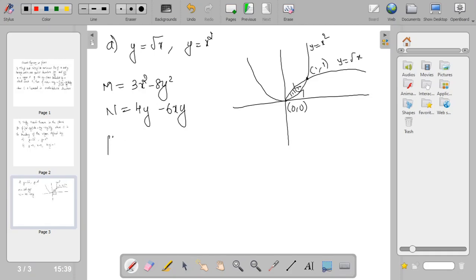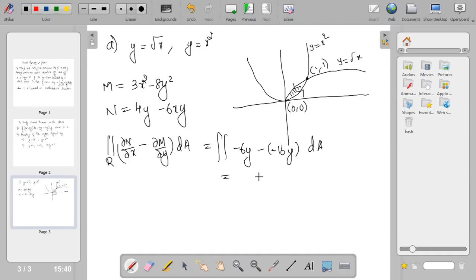So first you will evaluate the double integral over R of (∂N/∂x minus ∂M/∂y) dA. ∂N/∂x will be minus 6y, minus ∂M/∂y will be minus (minus 16y). So we will have the double integral of 10y dA.